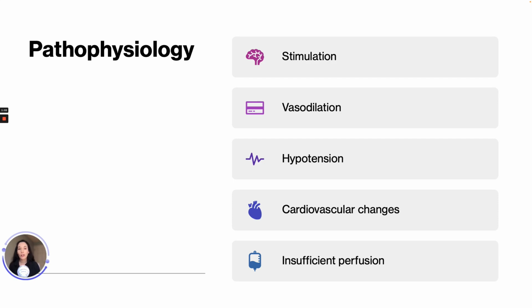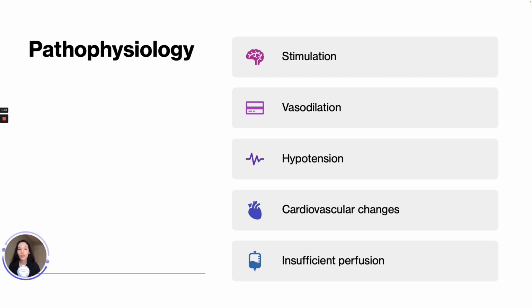So the pathophysiology is first the sympathetic stimulation in our body causes vascular smooth muscles to constrict, and parasympathetic stimulation causes vascular smooth muscles to relax or dilate.